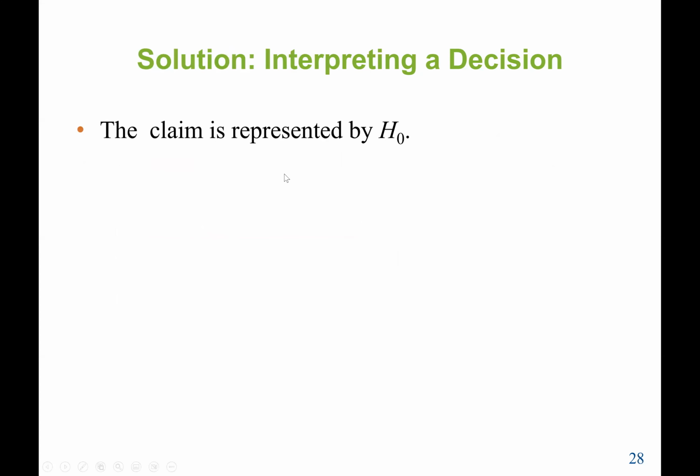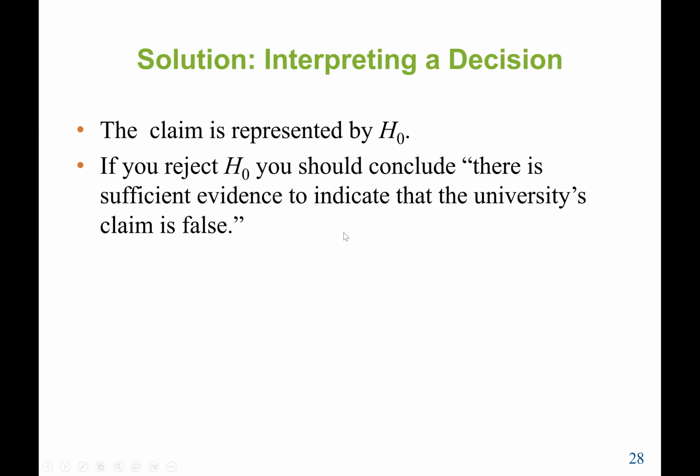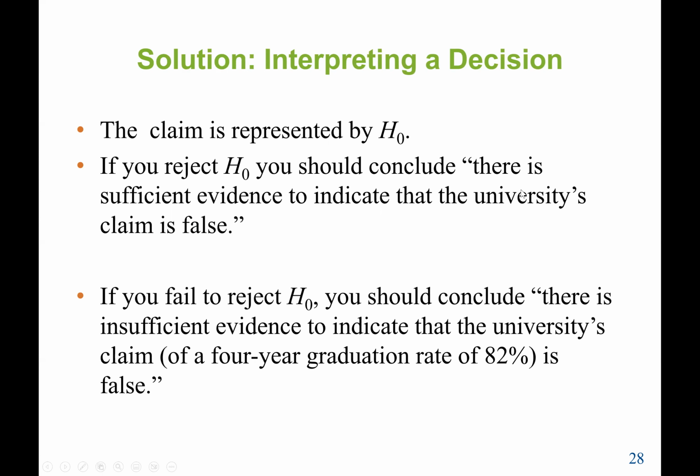So the claim is represented by HO. If you reject HO, you should conclude that there is sufficient evidence to indicate that the university's claim is false. If you fail to reject HO, then there is insufficient evidence to indicate that the university's claim of a 4-year graduation rate of 82% is false.